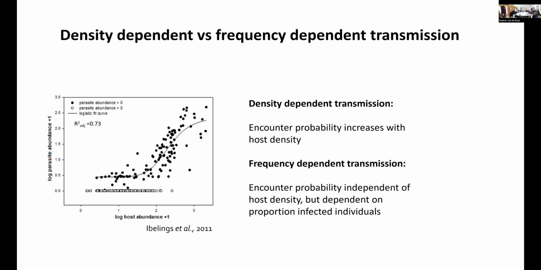For the chytrid and Acinella, we get this picture. So here you have parasite abundance on the y-axis and host abundance on the x-axis. Which one do you think it would be? Density or frequency?